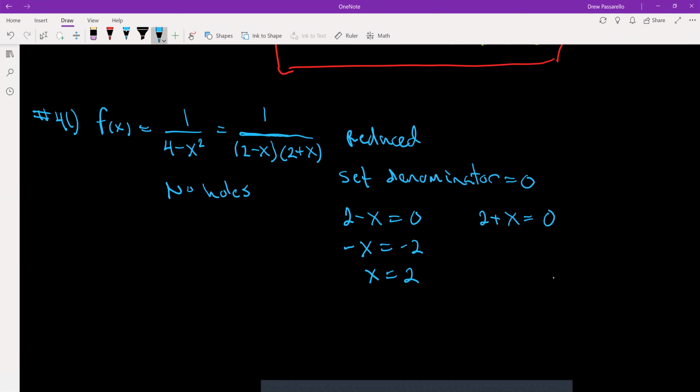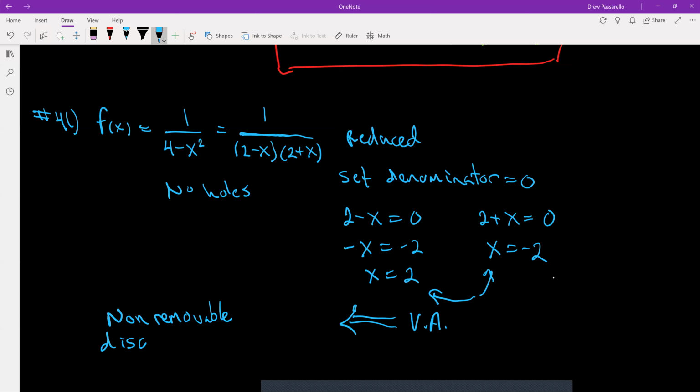And for this one you subtract 2 from both sides, that's going to give me x is negative 2. So these two are your vertical asymptotes. Since they're vertical asymptotes, that means there are two non-removable discontinuities, at negative 2 and 2.